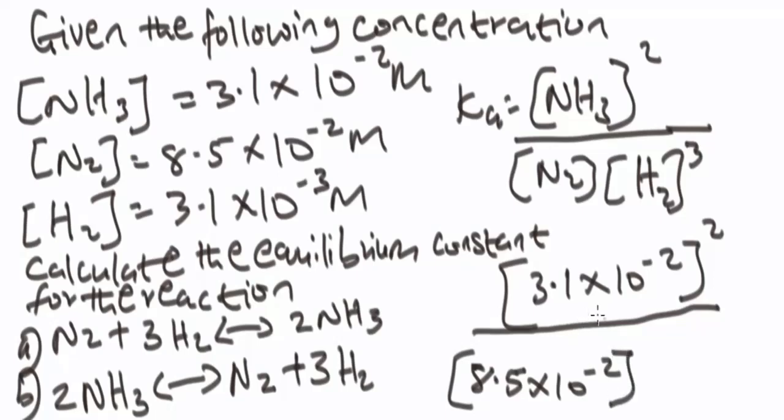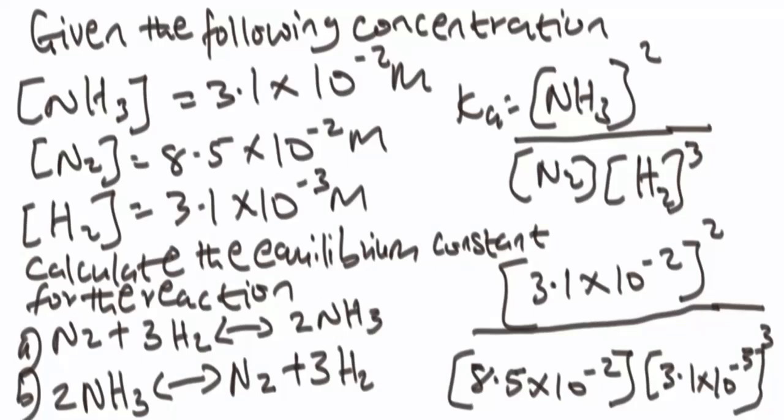Does that have a power? No. For hydrogen, multiply 3.1 times 10 to the power minus 3; the power of hydrogen is 3. So let me punch this into the calculator to give us the equilibrium constant for reaction A.